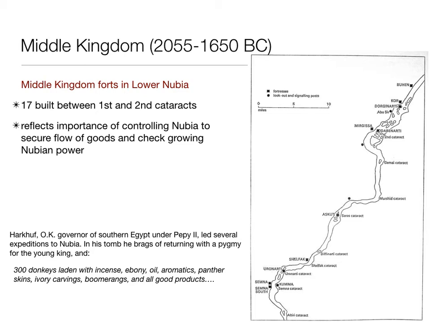And one signal of that is that Egypt really wants to get back into the international trade game by securing its border with Nubia, securing access to the gold and ebony and the wealth of resources that Africa has to offer Egypt. And so in order to do that, it builds a series of fortresses along the first and second cataracts of the Nile, right? So this is on the Nubian-Egyptian frontier.